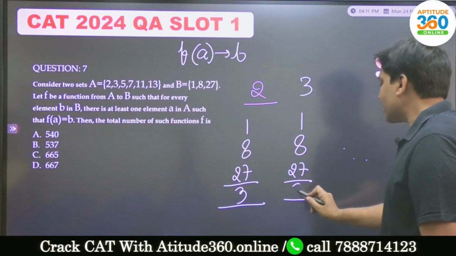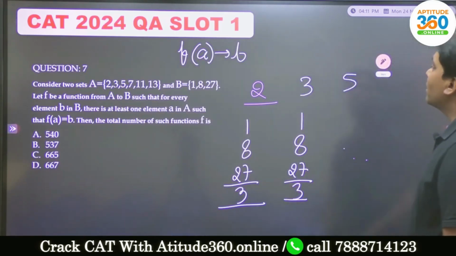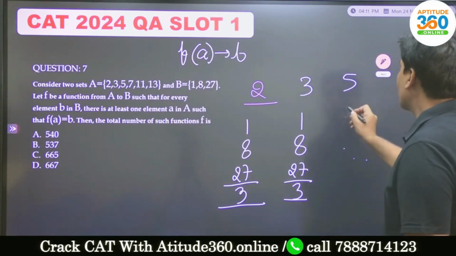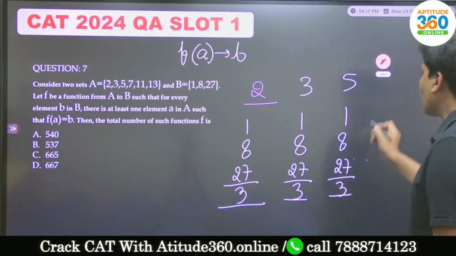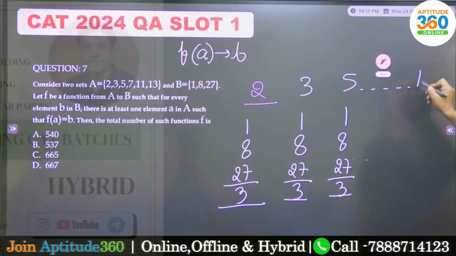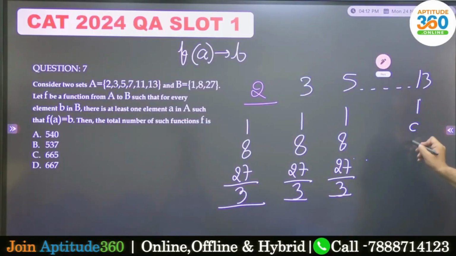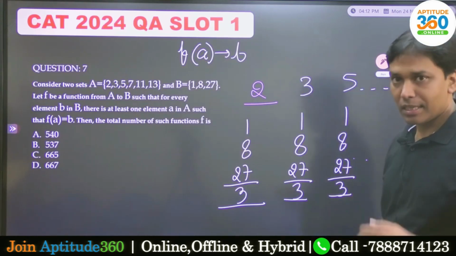So there are another 3 possibilities. For element 5 in set A, you will have another 3 such possibilities, and so forth and so on. So how many such elements are there in A? There are 6. So for each one of them, you will be having 3 such possibilities, isn't it?